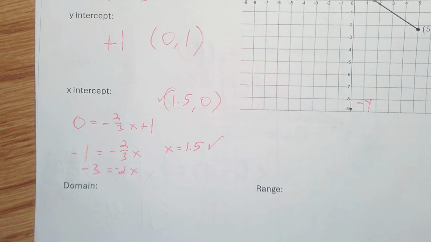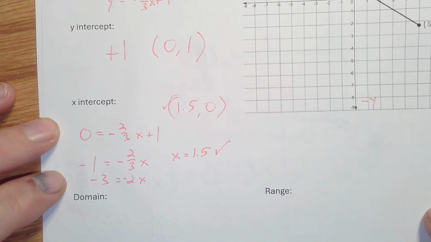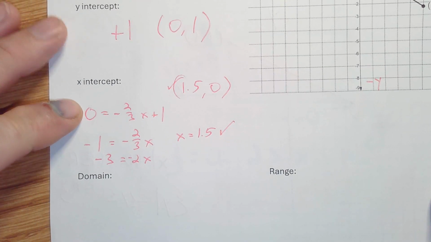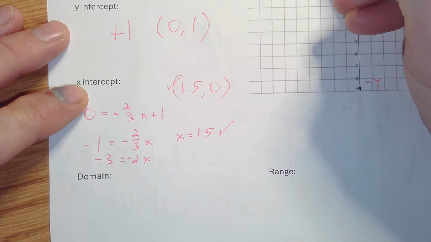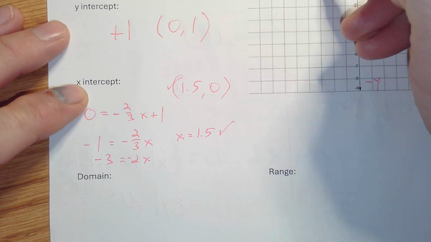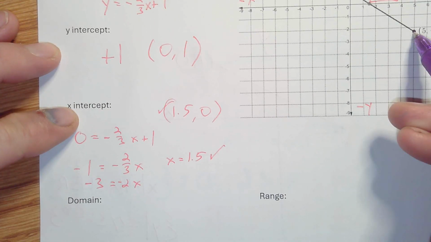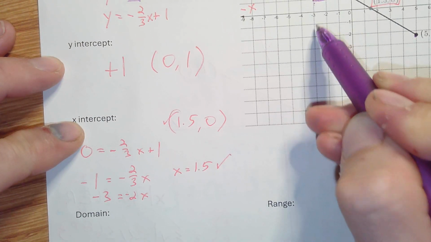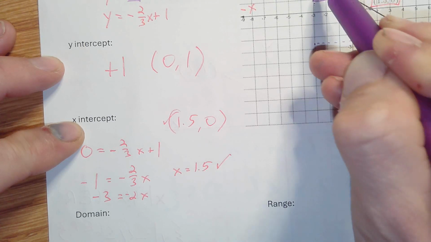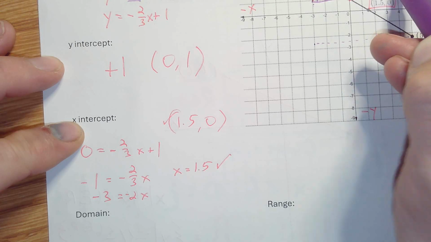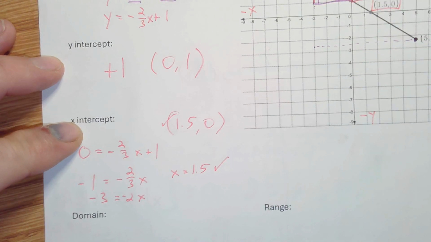All right, so what is the domain? The domain, let's put it in set builder form. The domain is going to be our purple section here. Let's box it out. The domain goes from here to here, our maximum and minimum inclusive.